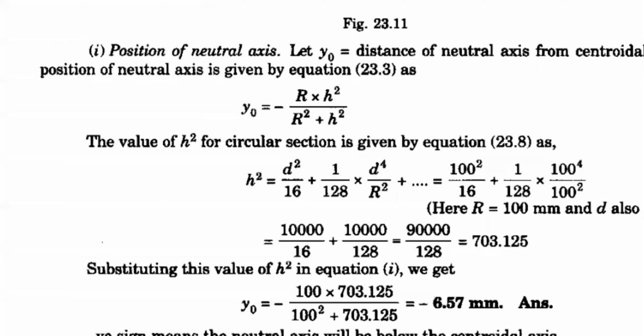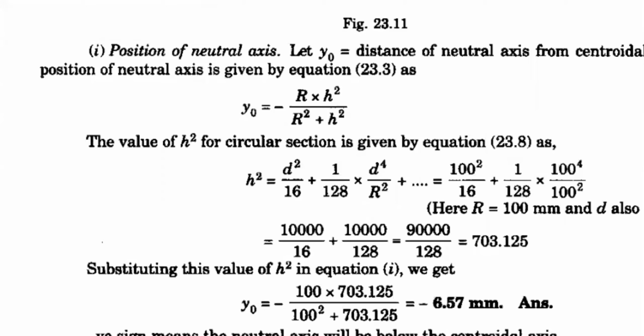This relation is obtained for the circular cross section, because each cross section has a different h square value. From cross section to cross section, the h square value varies. Please keep that point in your mind.